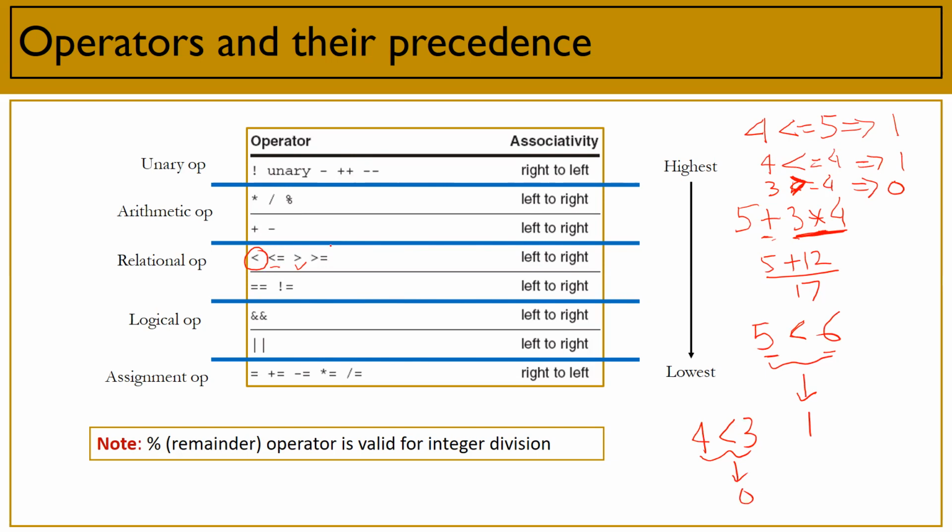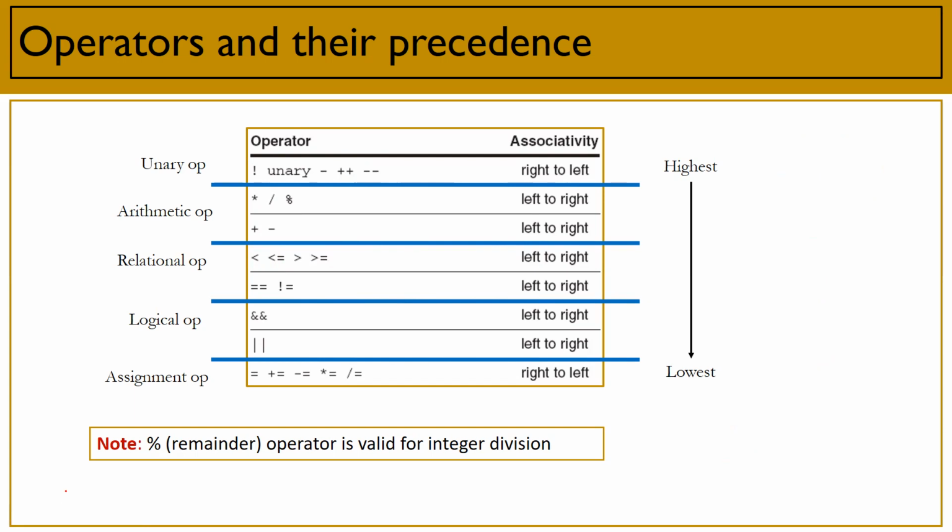So you have these operators. And then you also have the equal-equal and not equal operators. Here you have two equal symbols, which means you are comparing two numbers for equality. If I write 4 equal equal 5, I'm checking whether they are equal or not.